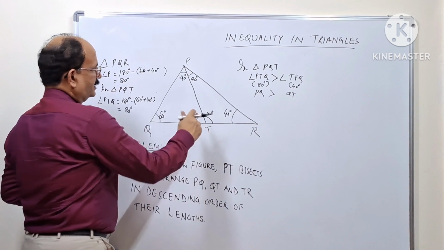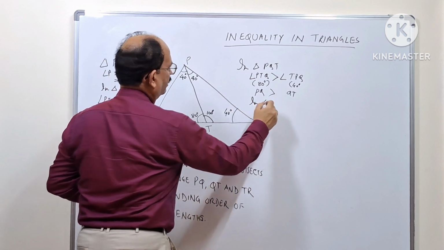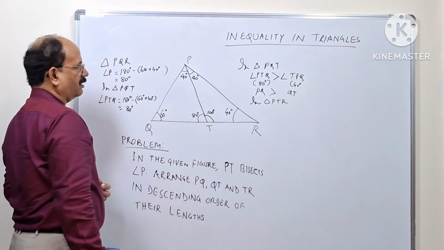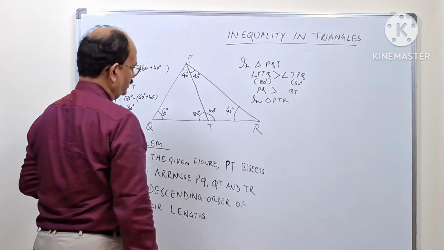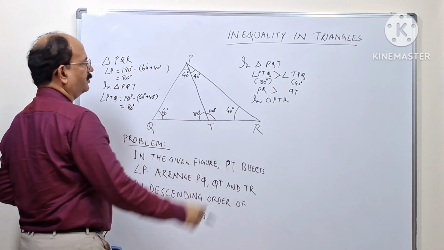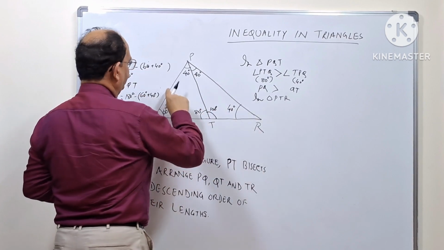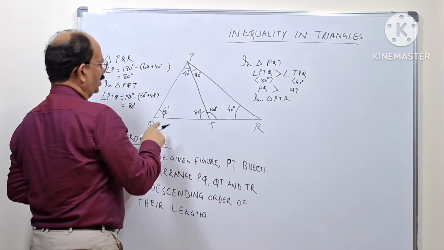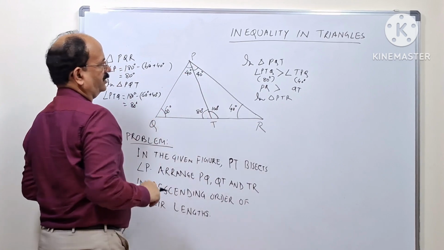Now let's take triangle PTR. But before we go there is one more relationship. We know that PQ now is greater than QT, but also let's look at the relation between PT and QT.